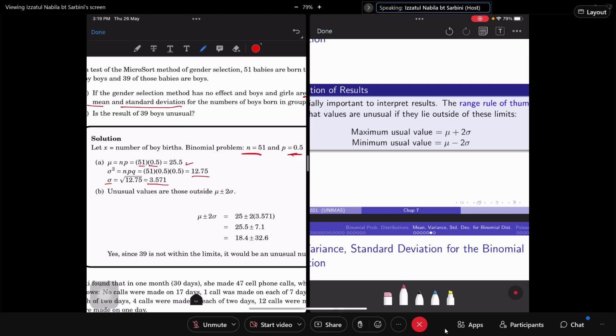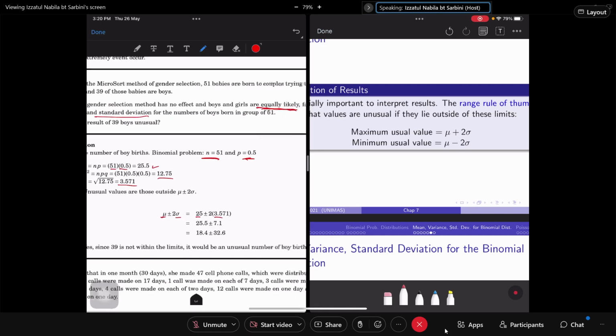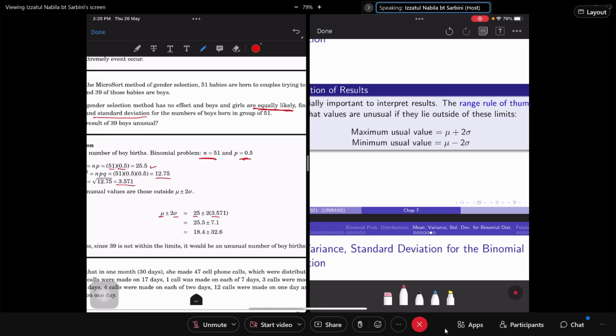So what you need to do is you just substitute all the values. We have already calculated the mean and the standard deviations. Substitute all the values and calculate the limits, the interval. So it is in between. This one you need to calculate. 18.4 plus 32.6 and 18.4 minus 32.6.